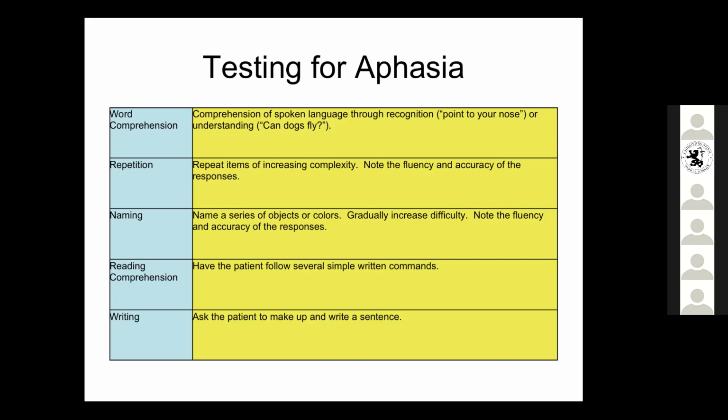These are the things which are important to test for when we are evaluating speech disorders. So we ask them if they're able to understand commands that we give them, to repeat words, to name objects around them, to read certain phrases, and to write a sentence, and we evaluate.